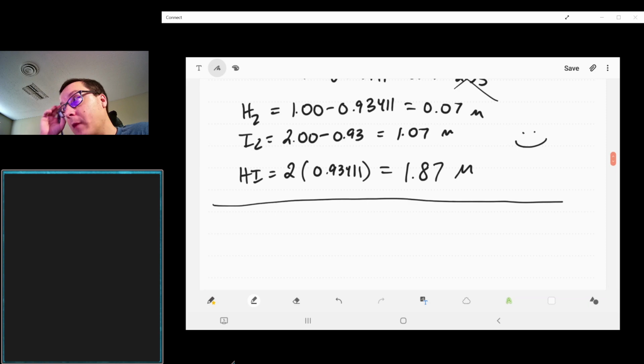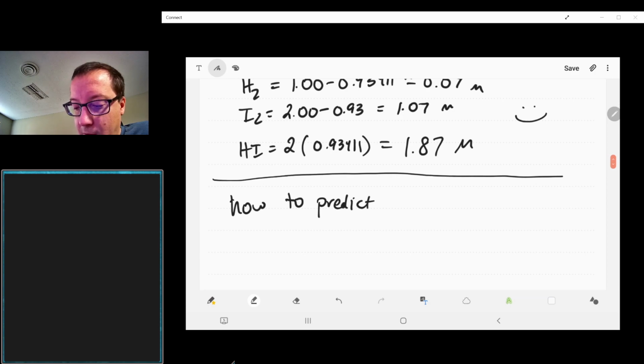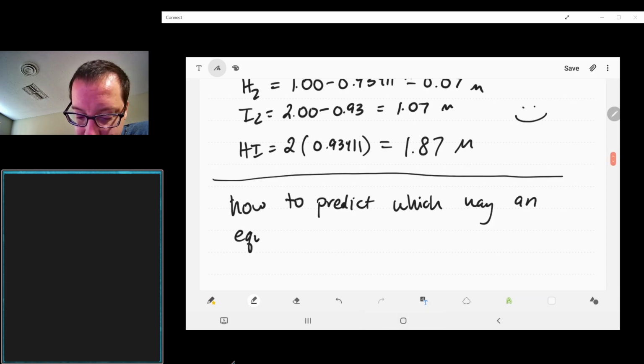Alrighty. So let's look at how to predict which way an equilibrium is heading.